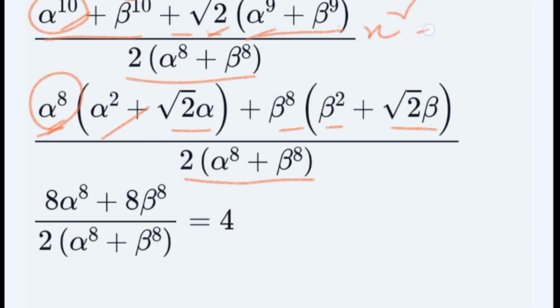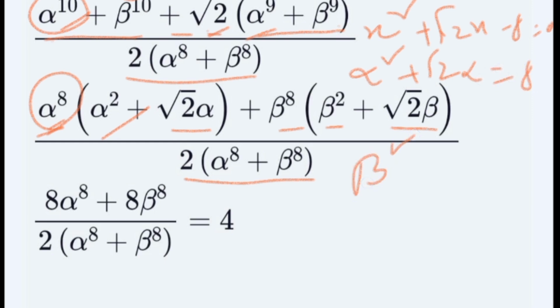Now what is the equation? Here x square plus root 2x minus 8 is equal to 0. So alpha is a root. Now alpha square plus root 2 alpha is equal to 8. Beta also a root, beta square plus root 2 beta is equal to 8. So this value is 8, this value is 8.